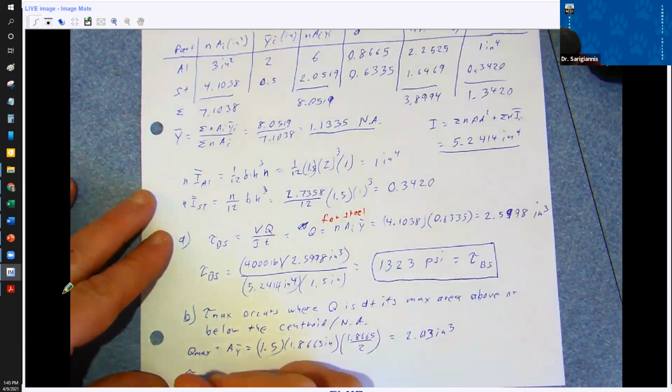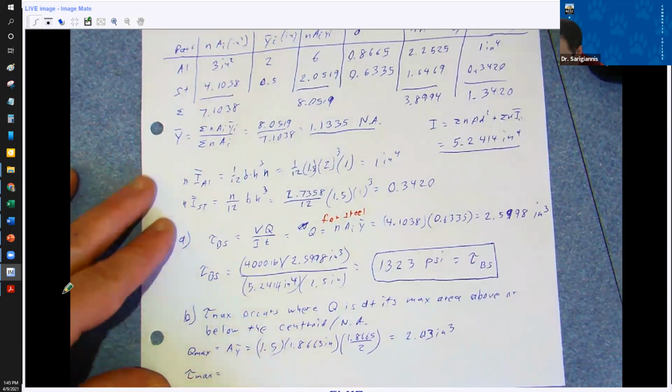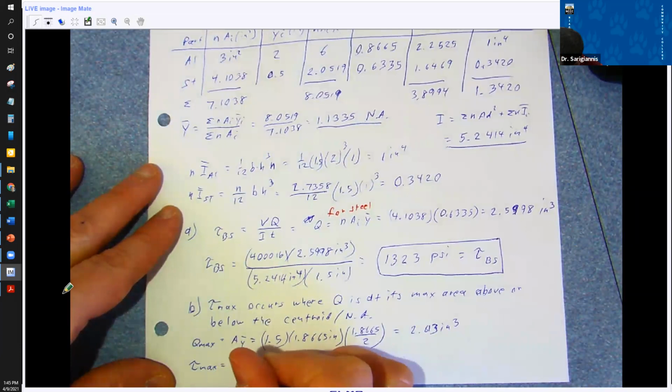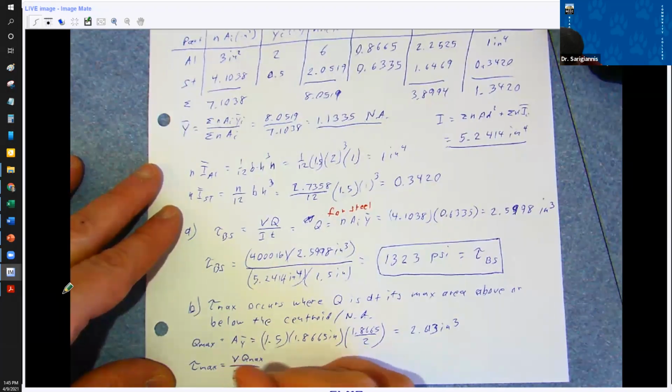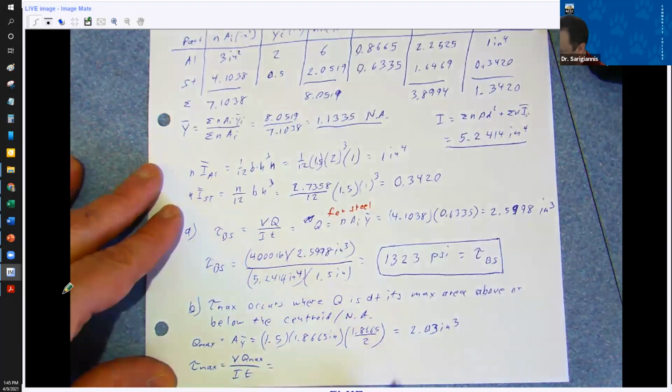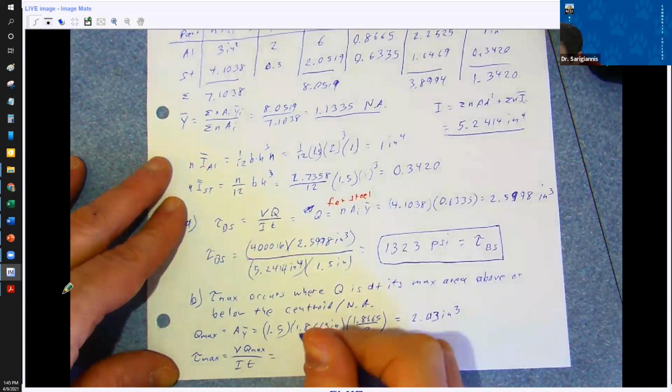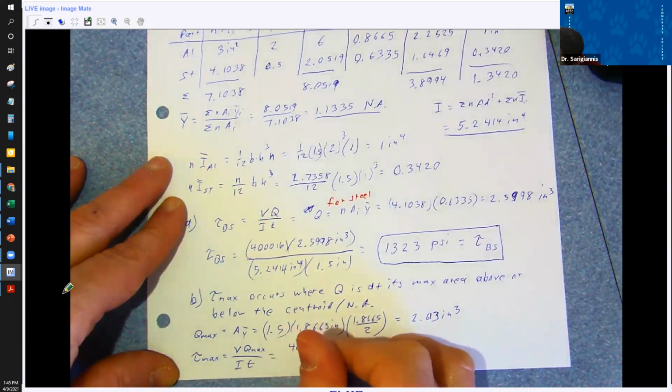So tau max is just V Q max over I T. So all we're doing is we're doing the same equation as before, except we're substituting a new Q in. We got 4,000 pounds.